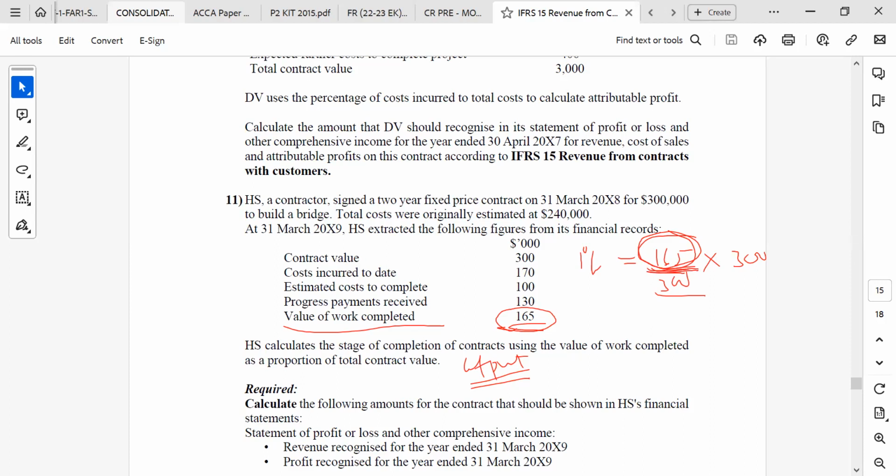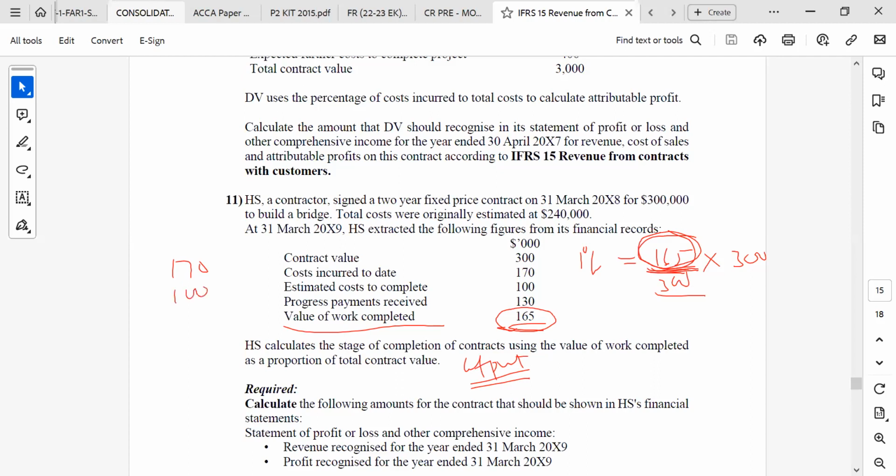The cost of sales will always be the cost incurred. If you're using the output method, the revenue will always be the value of the work completed or the value of the work certified. How do we compute the cost now? This is how we calculate the cost. Cost incurred to date is what? 170. We don't take the 170. Then what is the cost to complete?